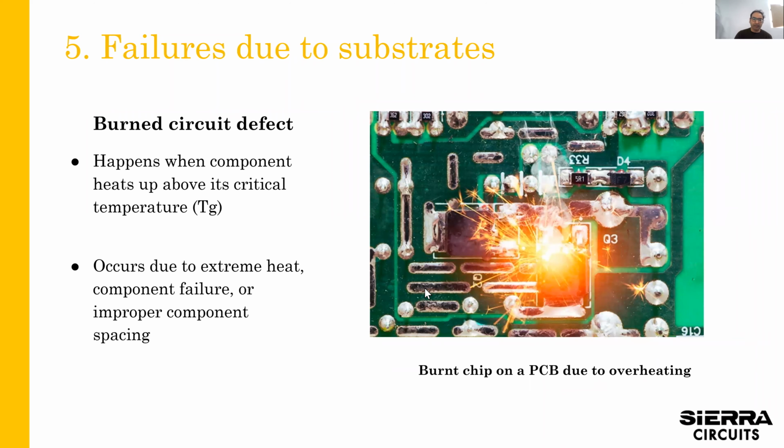Another big topic is managing heat. If you have an application that is very heat intensive, there are a couple of things you can do. The first one is you pick a better, more robust material.